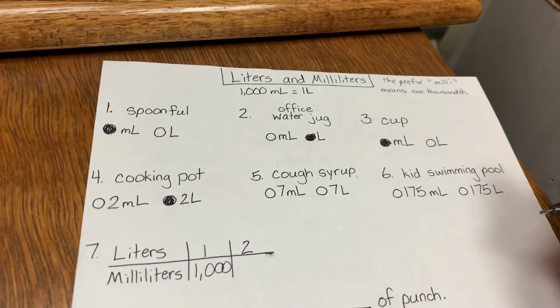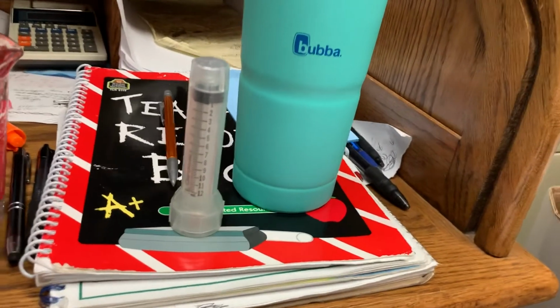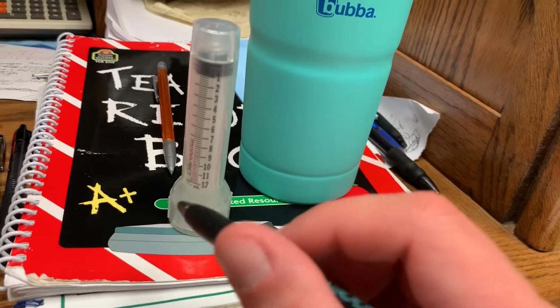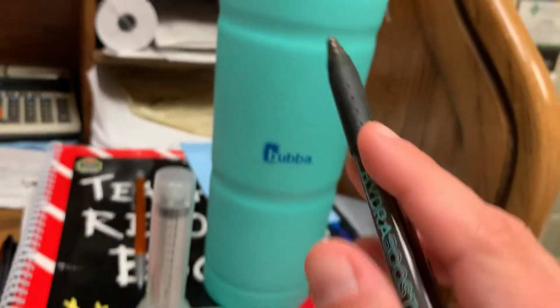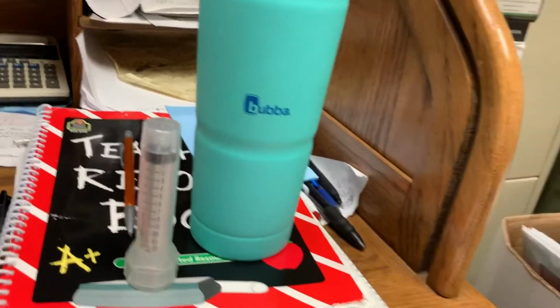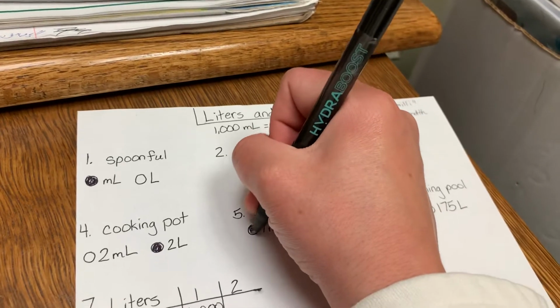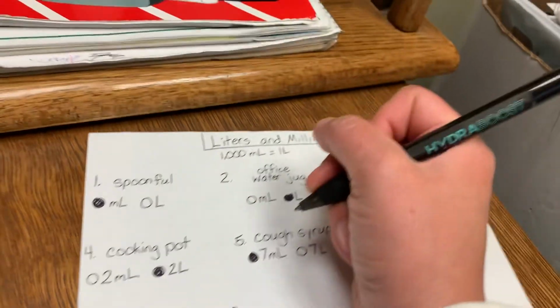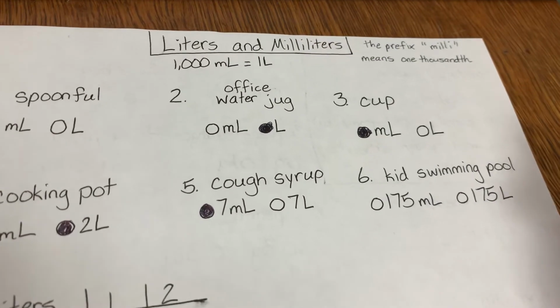Cough syrup. When you take cough syrup, you usually take it in a spoon, and we already said a spoon would be measured in milliliters, so the cough syrup is much smaller than a liter cup like this, so it would be measured in about 7 milliliters because it's a smaller amount of liquid.